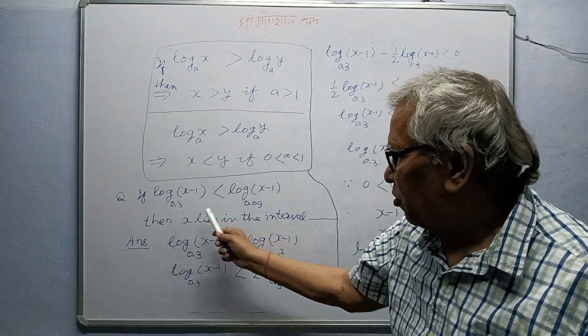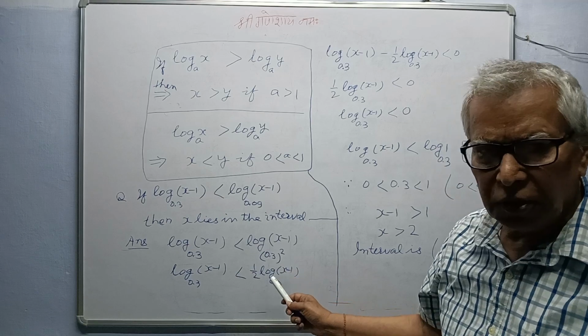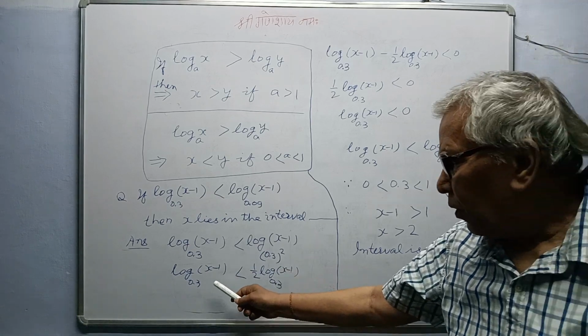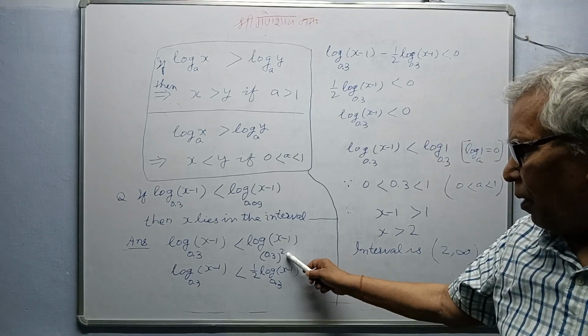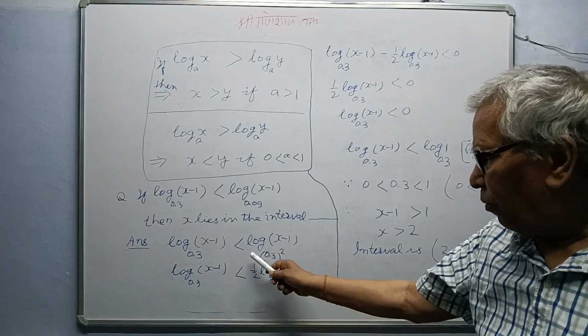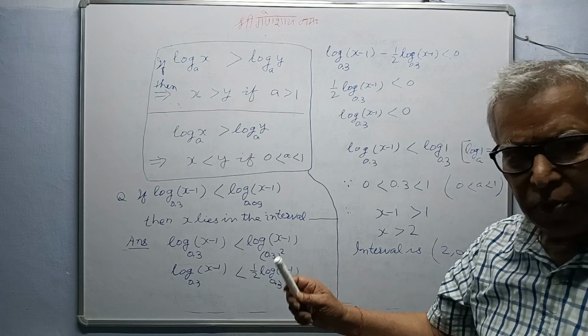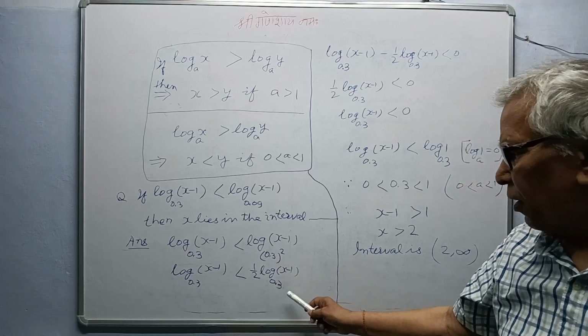Because this base is 0.3, we will write it in this form, 0.3 whole square. So log x minus 1 to the base 0.3 is less than, this power will come out here, half, 1 by 2. This is the 1 by k formula. 1 by 2 log x minus 1 to the base 0.3.